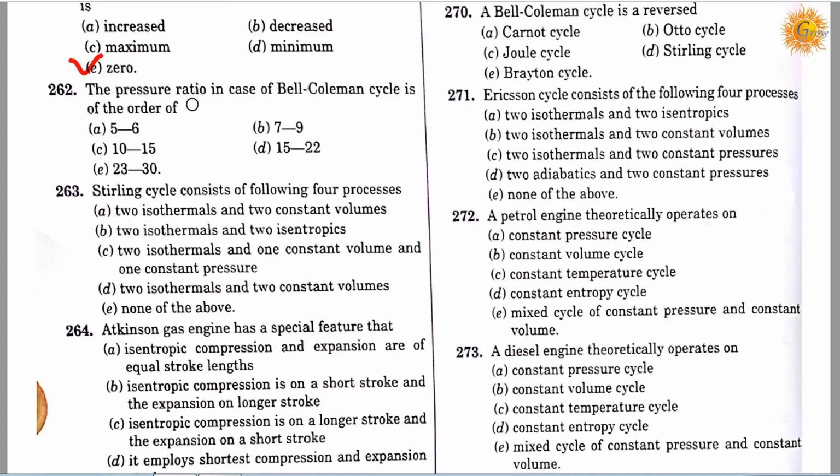The pressure ratio in case of Bell-Coleman cycle is of the order of: option A, 5 to 6; option B, 7 to 9; option C, 10 to 15; option D, 15 to 22; option E, 23 to 30. So correct answer is C. It will be 10 to 15.